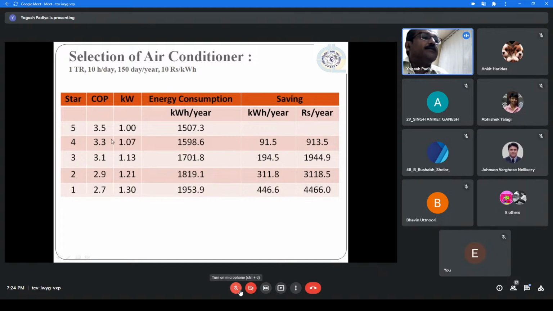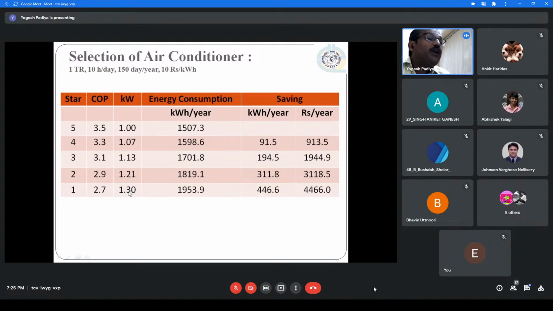Okay. Now, if these are my operating conditions, then if you select a 5-star AC, its power consumption will be 1 kilowatt approximately. And if you choose a 1-star AC, the power consumption for the same AC will be 1.3 kilowatt.